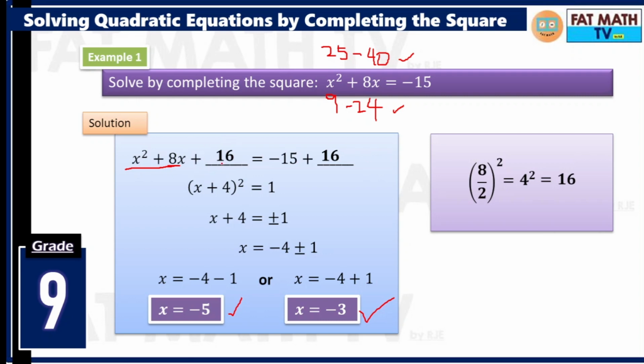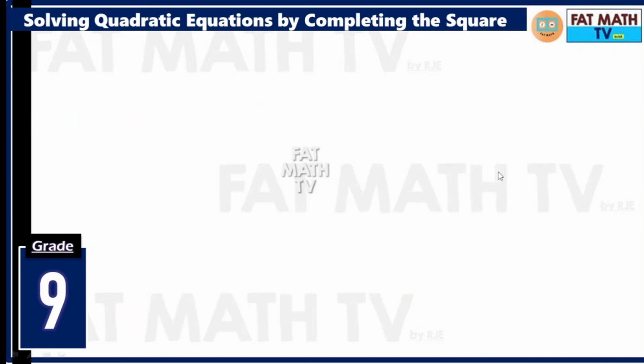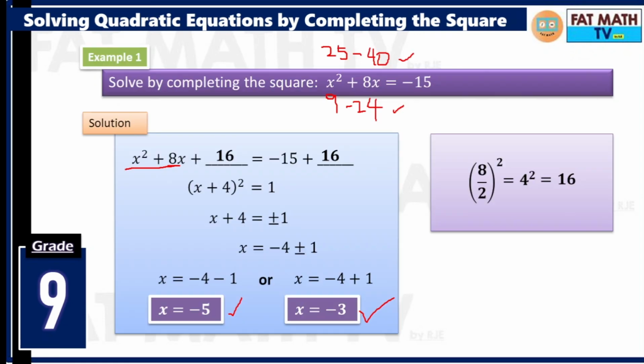The choice of what to add is you get half of the middle term, half of this, and then square it. And of course, after that, you will factor and apply the solving technique of extracting the square root.